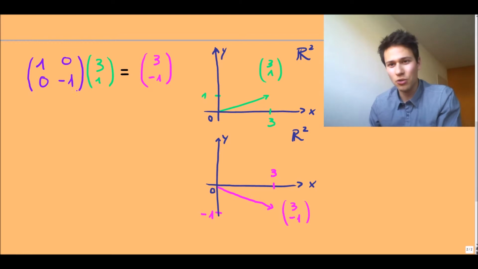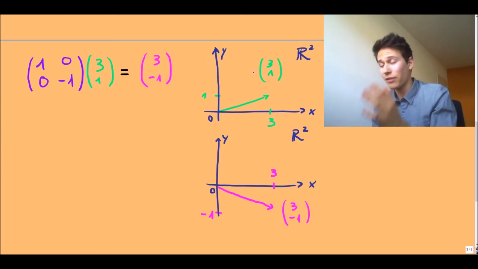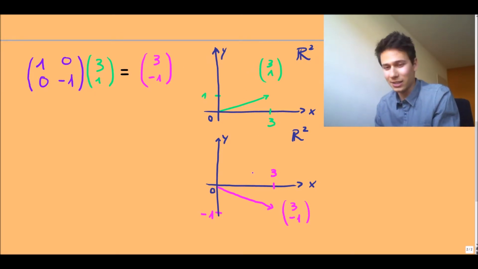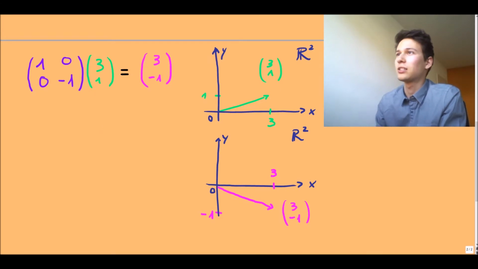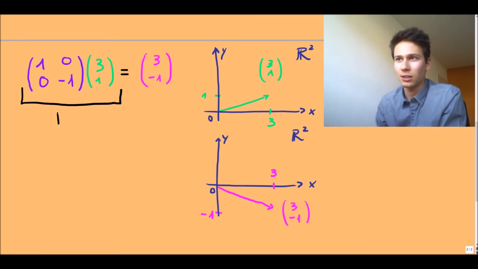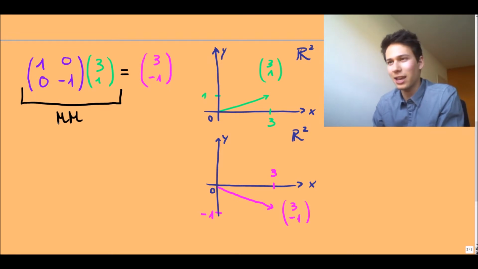And yes, it's true, there would be other examples or other matrices that mirror this vector to this vector. However, this is the only matrix that mirrors all the vectors at the x-axis. All right? So what you have to do is you matrix multiply, let's just abbreviate this by MM.